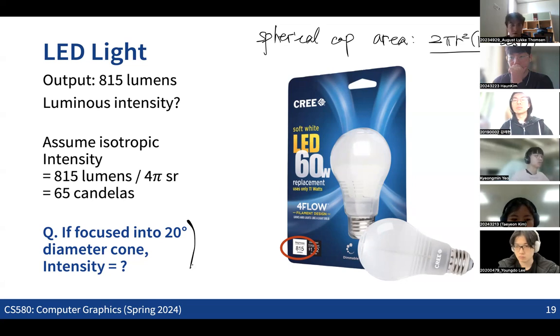Maybe you can really just calculate the final number and see what you get. Obviously that would be 815 over 2π(1 - cos 10 degrees), right?